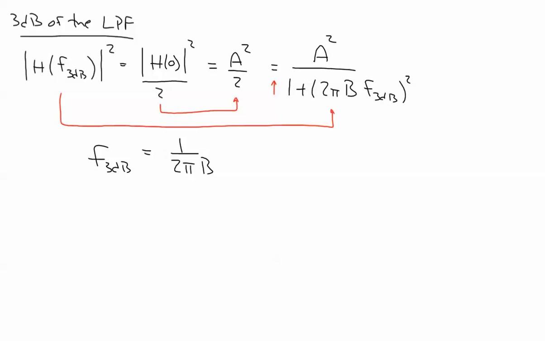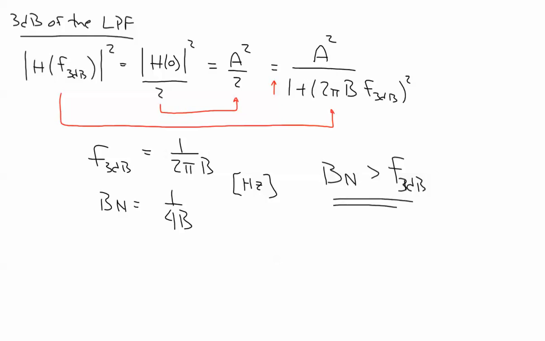Another way of writing this is, recall that the noise equivalent bandwidth is 1 over 4b. In both cases we're talking about hertz here. One thing you'll notice is that in all cases with this low-pass filter, the noise equivalent bandwidth is somewhat greater than the 3 dB bandwidth of my low-pass filter.